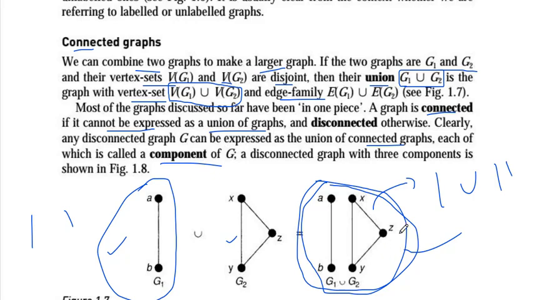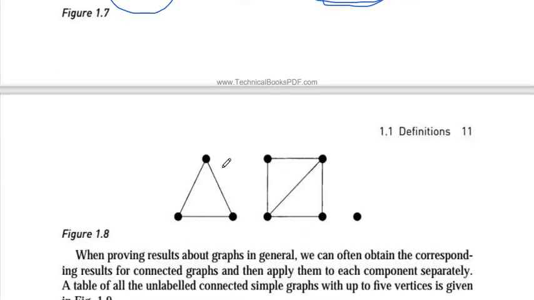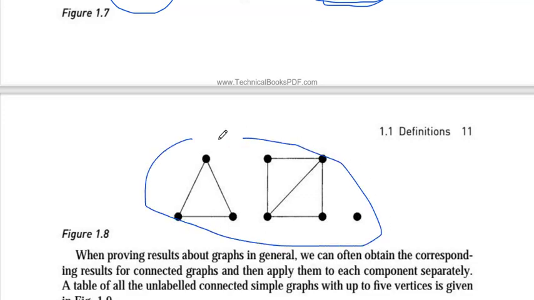So this is a disconnected graph, and these two are connected graphs. Okay, you get them. So they have given this as one graph, so this is a disconnected graph.